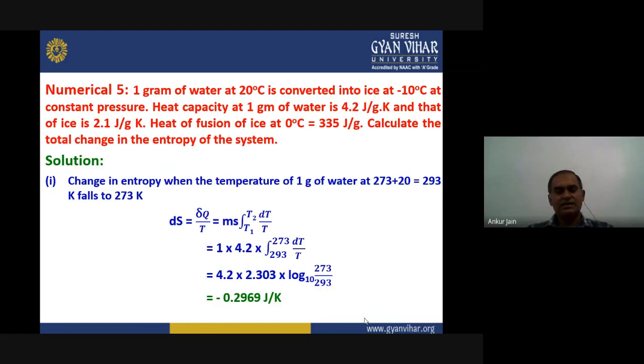So we again have to convert several parts, because now water is converting into ice, and the temperature for both is also different. So we will split it into different steps.